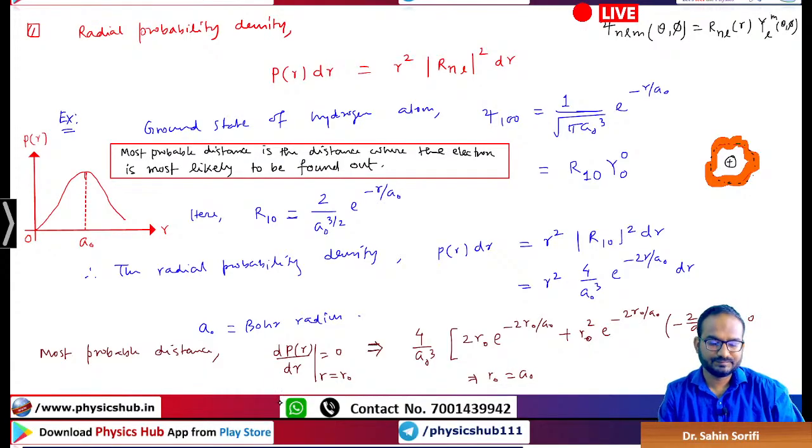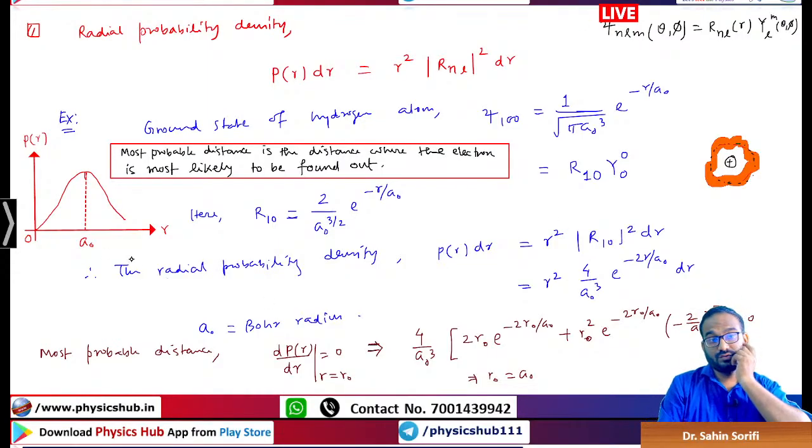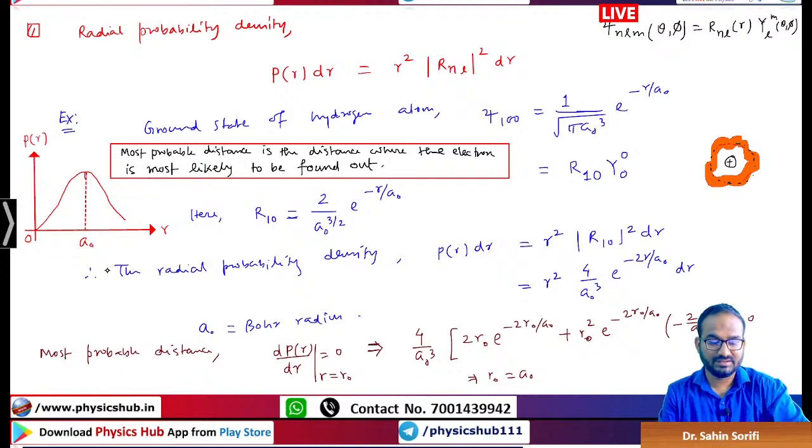Understood now? For the hydrogen atom in the ground state, it is A0, the Bohr radius. So if the hydrogen atom is in the ground state, most likely it is found at a distance of A0.